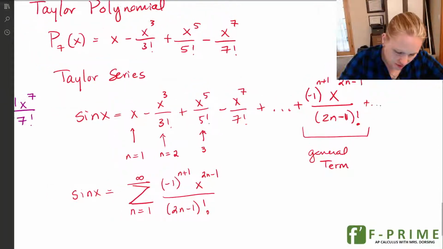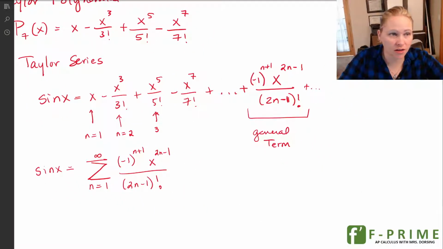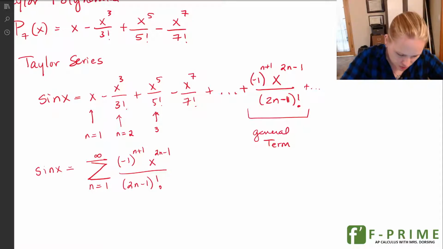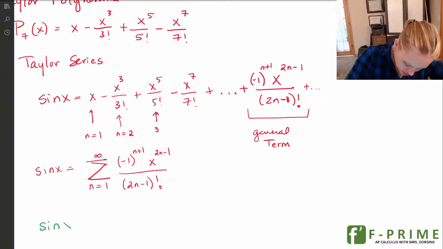Now, in keeping with our conversation about how these series are and how you can rewrite them, oftentimes instead of saying 2n minus 1, sometimes we'll start that series at n equals 0. So if we start at n equals 0, let's go ahead and just rewrite it real quick.